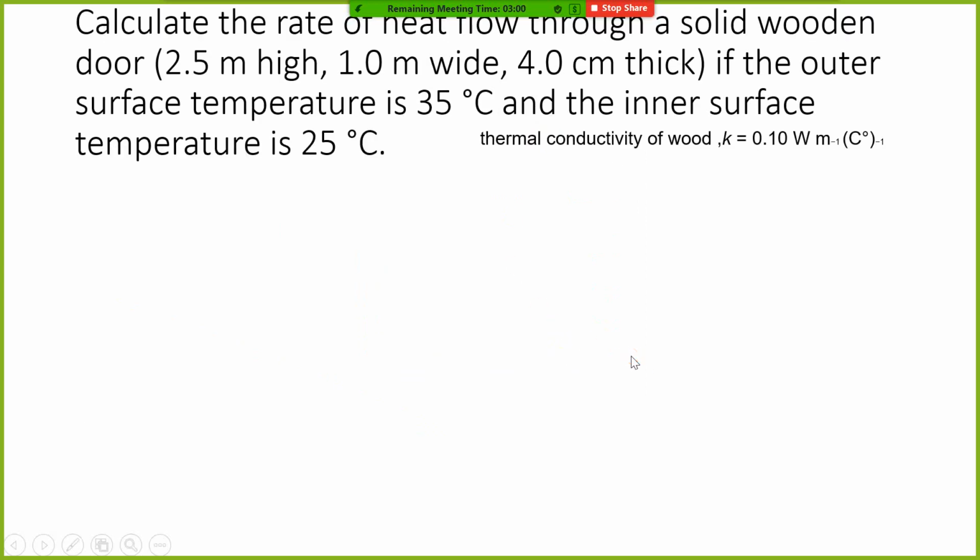So let's try a simple question for ourselves. Take down this question, attempt it, and see if we can calculate the rate of heat flow, which is the same thing as the rate of heat transfer. Do that for me. And as I said, when it comes to formulas, you have to know the formulas and when to apply them.